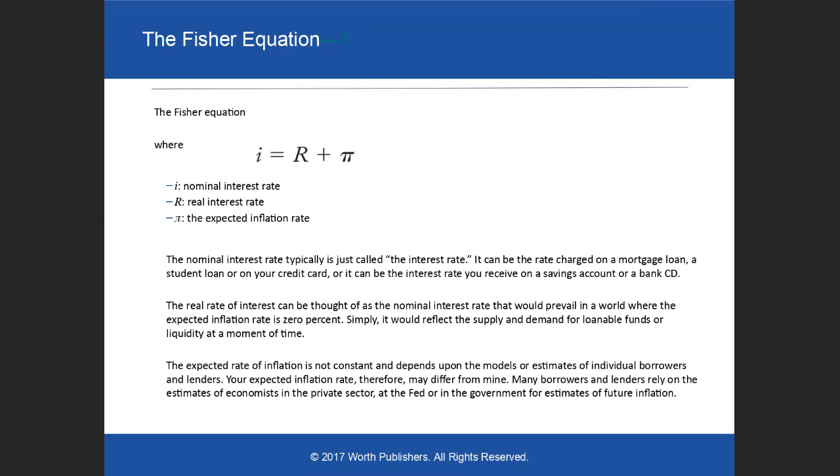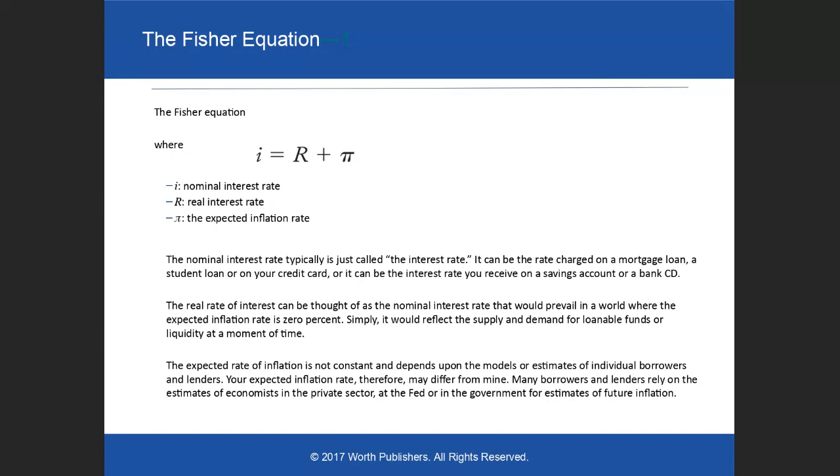Well, that forces us to take a look at this entire equation, because that pi sign that you see is sitting out there. And we need to take a look at what goes into that pi, into that inflation expectation. So first, before we really dig into that, let's just take a look at a couple of the points that are made here. Okay, so let's start at the bottom.